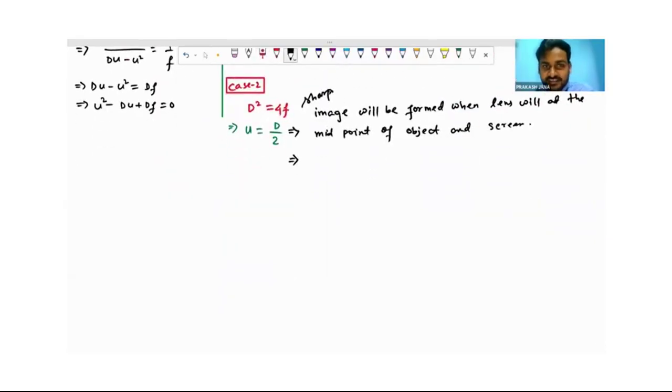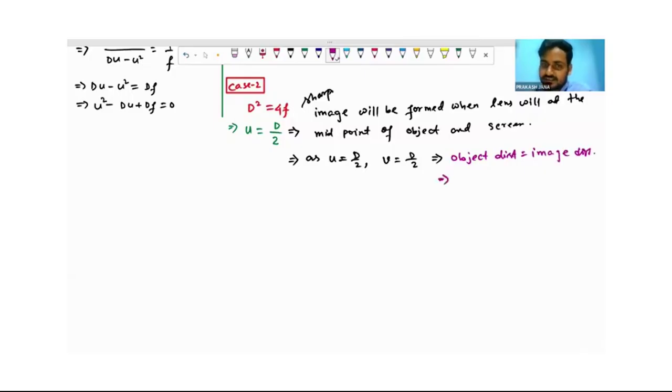So let me write, u is equal to d by 2, v will be also d by 2. What do we see here from this? Object distance is equal to image distance, isn't it?